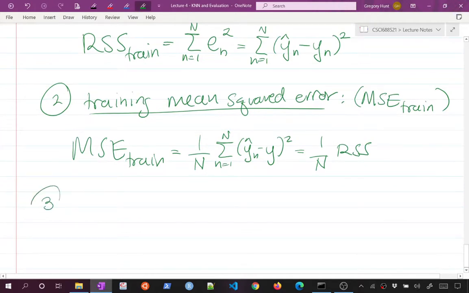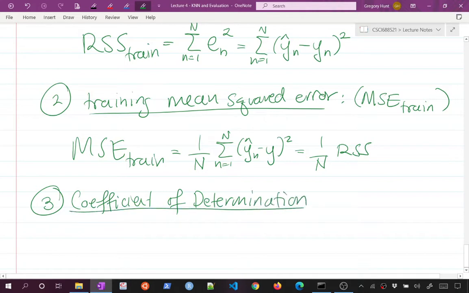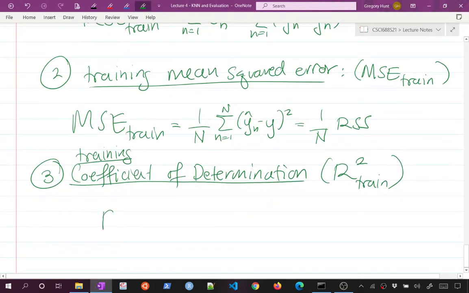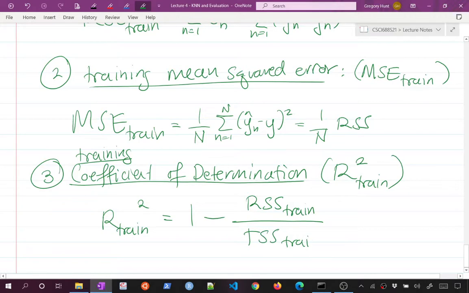Other metrics out there include the so-called coefficient of determination, or R squared, and we're going to say training R squared. Training R squared is 1 minus RSS of the training over what's called TSS of the training.